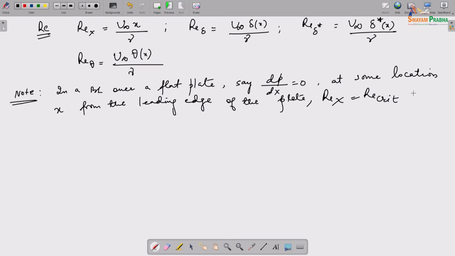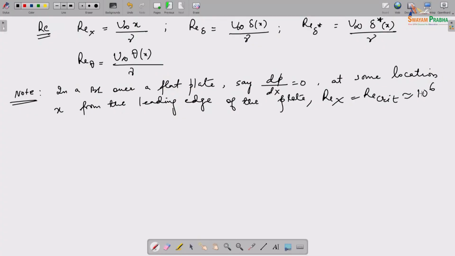You can see that, right. So, Re is constantly increasing if you increase the distance, and the critical value is about 1 million, right.